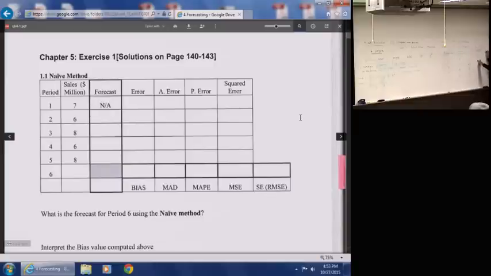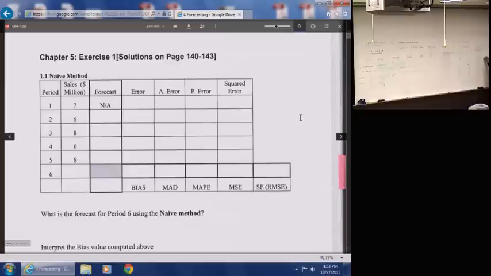Percentage absolute error means we take the absolute value of the error divided by the actual sales, which is 6. So your prediction is off by 1/6, so to speak.